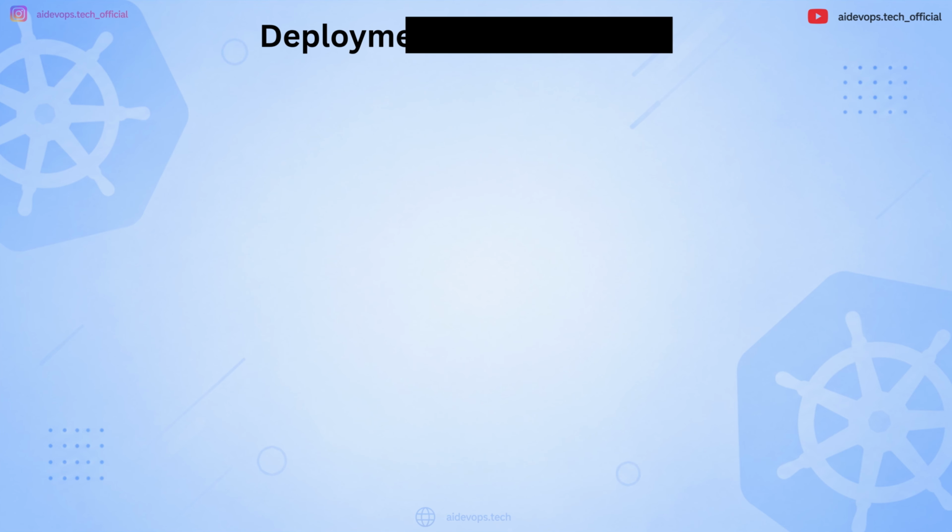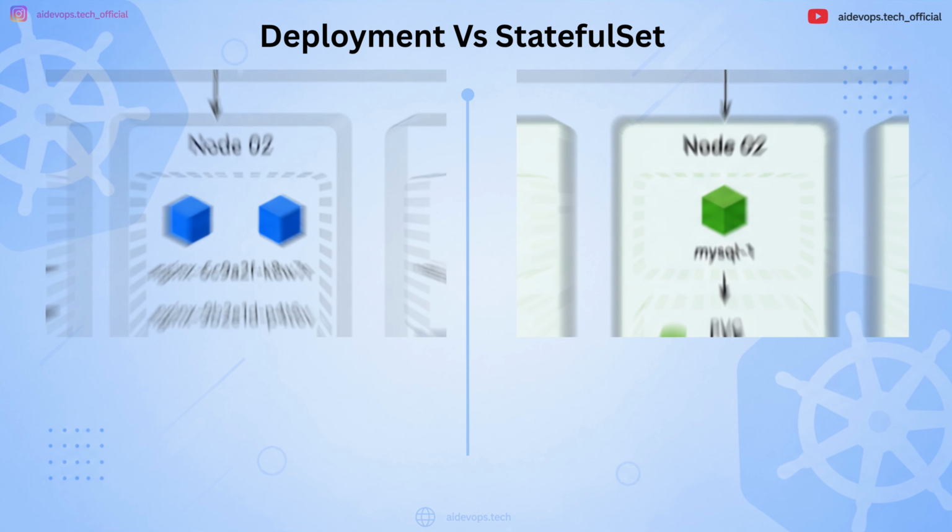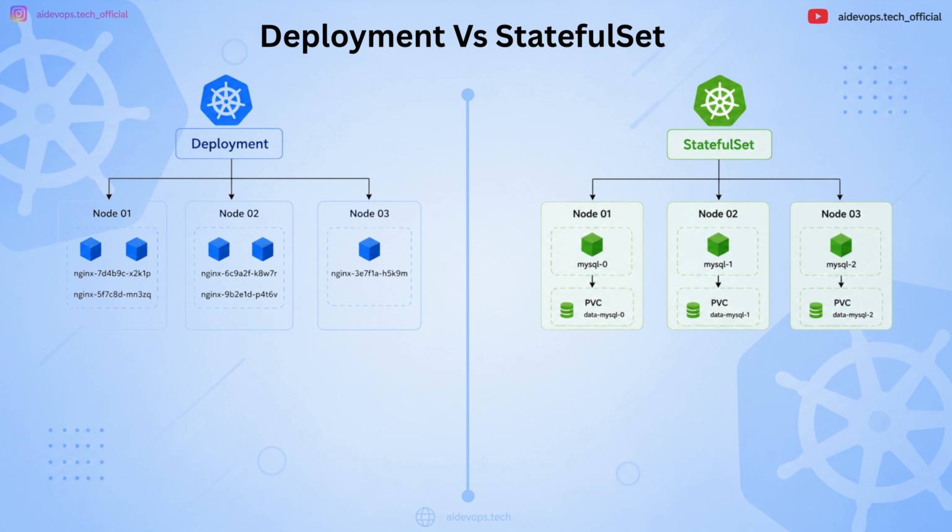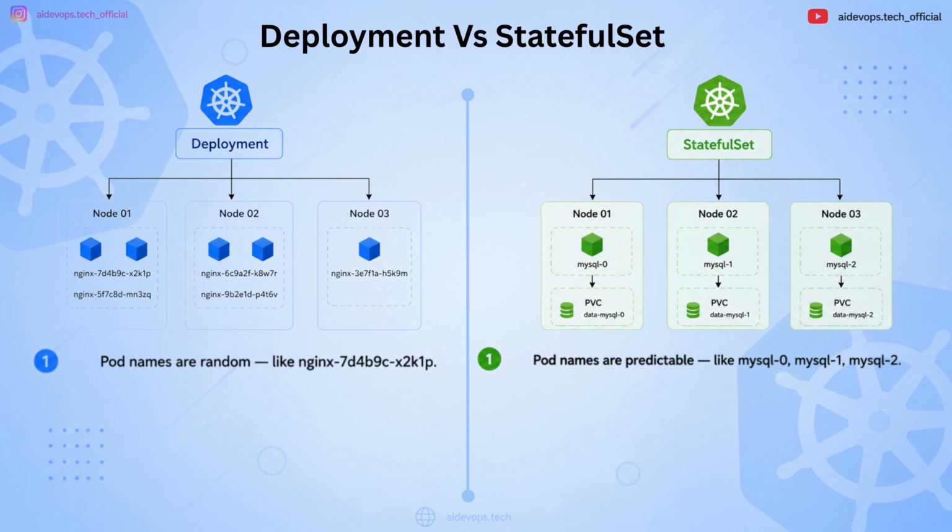Now, how is a StatefulSet different from a Deployment? Let's understand the difference. Both manage pods, but they behave differently. In a Deployment, the pod name is random, such as nginx with some suffix. But in a StatefulSet, pod names are predictable, like mysql-0, mysql-1 and mysql-2. In a Deployment, all pods are created in parallel.